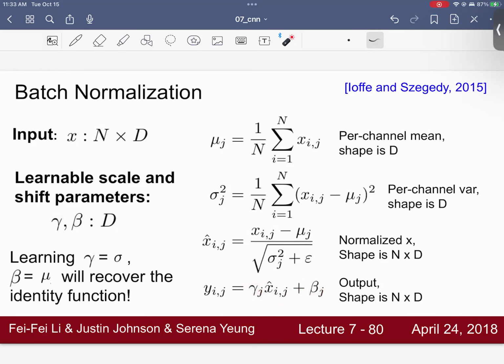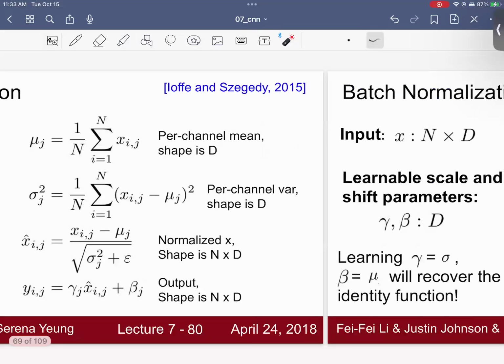It's a learnable parameter, optimized to lower the objective function of your model. So if somehow this gamma turned out to learn the sigma value, and this beta learned the mu value, then this will be exactly the identity function. So at least there's some room for the identity function.